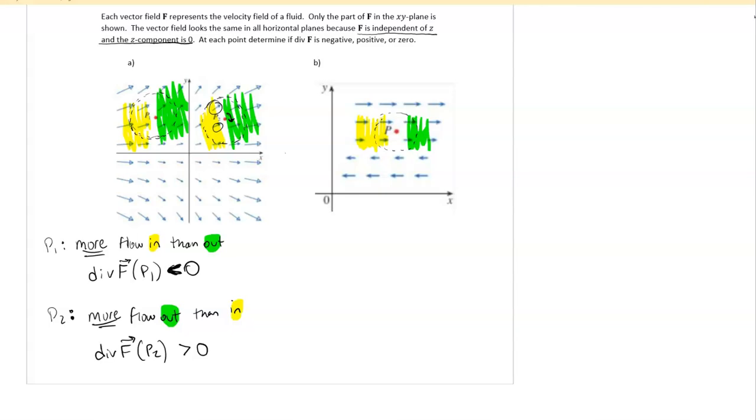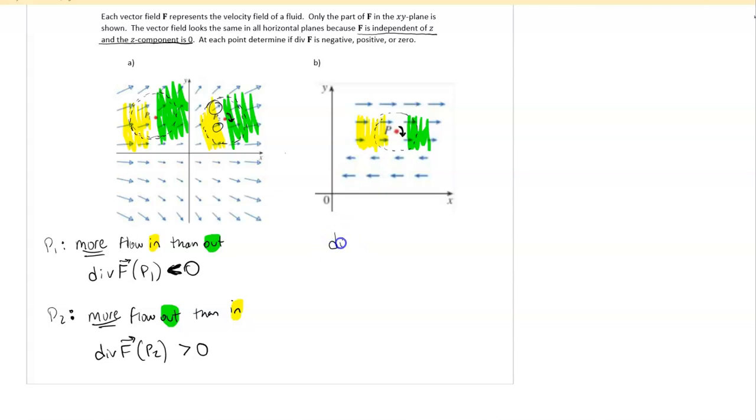Don't confuse this with the idea of curl, because we talked about this. This one is easier to tell. I can see that rotation would be induced in a clockwise direction for curl. So I know this would have a curl that is non-zero right there for sure.